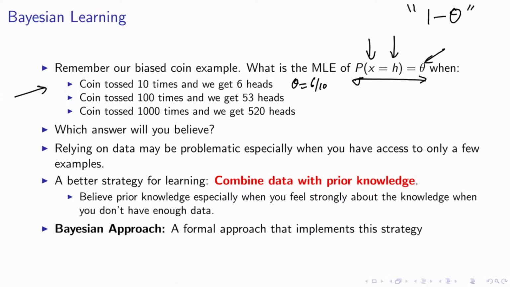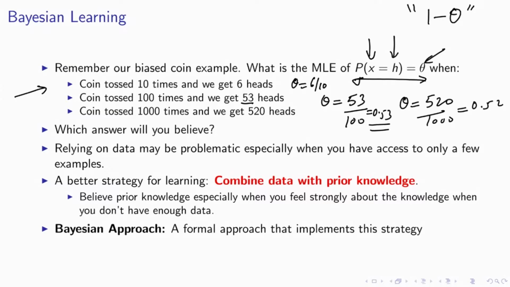If we did a second set of experiments where we had more time, and we tossed the coin 100 times instead of 10, and now we got 53 heads, theta is 53 divided by 100. And in the third case, if we had tossed the coin 1,000 times and got 520 heads, then theta would have been 520 divided by 1,000, which is 0.52, and this is 0.53.